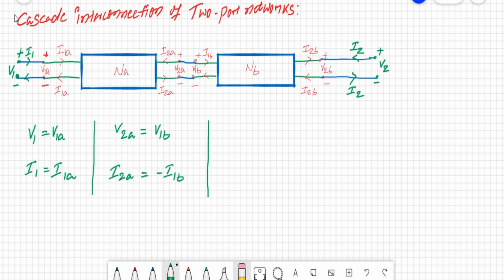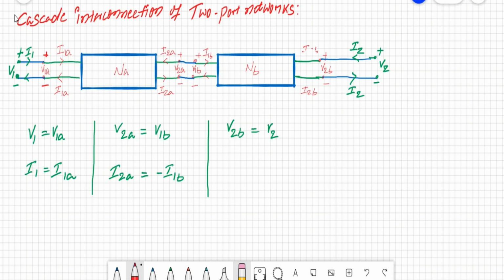Next, let us come over here. V2B is observed between these two terminals, so V2B is equal to V2. And I2B is flowing; actually I need to indicate I2B in the same direction, because conventionally the output current is denoted as entering.